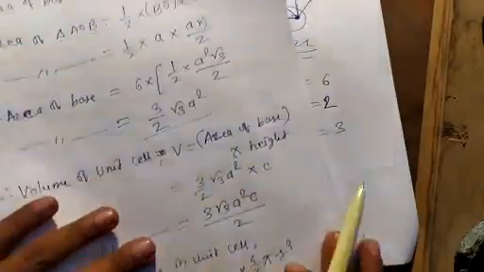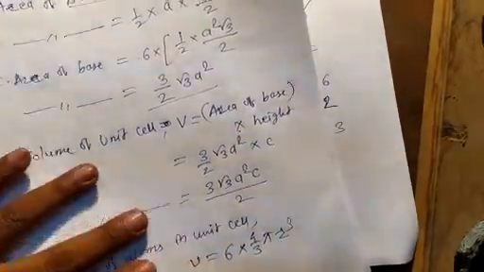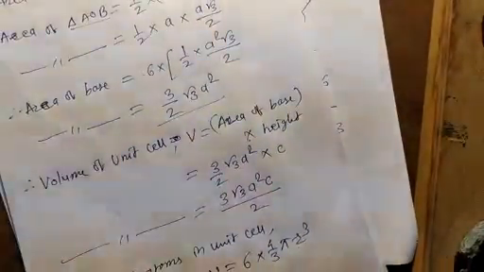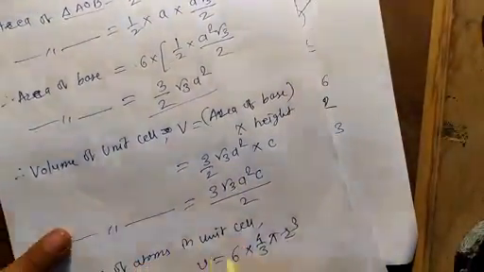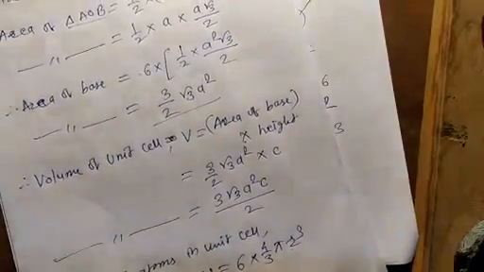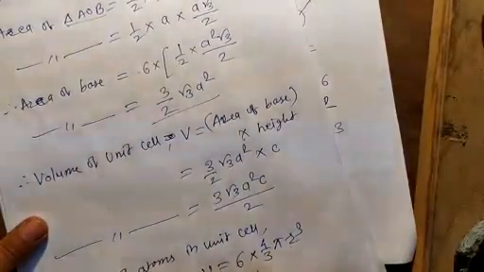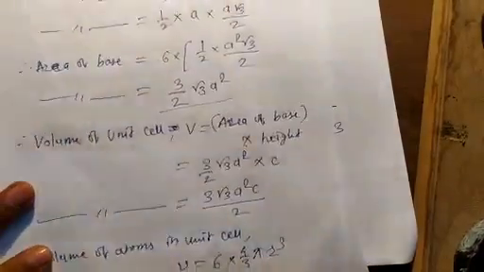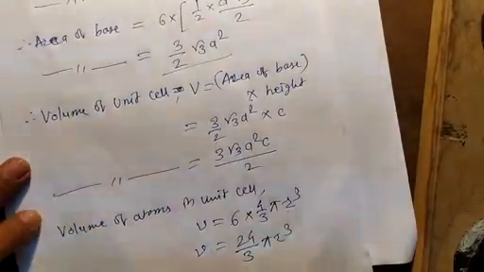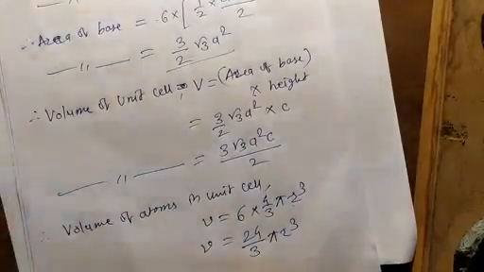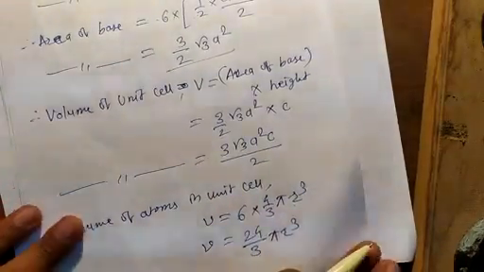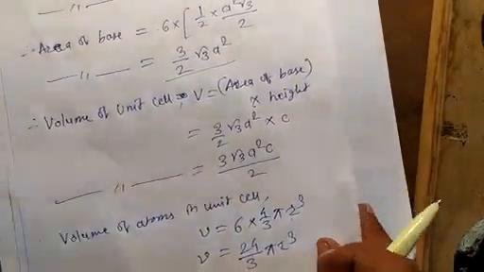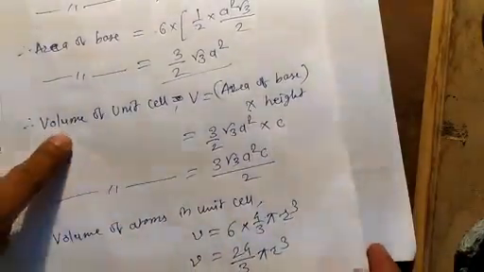That is 6. Therefore we have to multiply this equation by 6. Therefore we get 6 into 4, that is 24 by 3 pi r cube. This is the volume of the atoms inside this unit cell. Now we have both the volume of the atoms inside this unit cell and the volume of the unit cell.